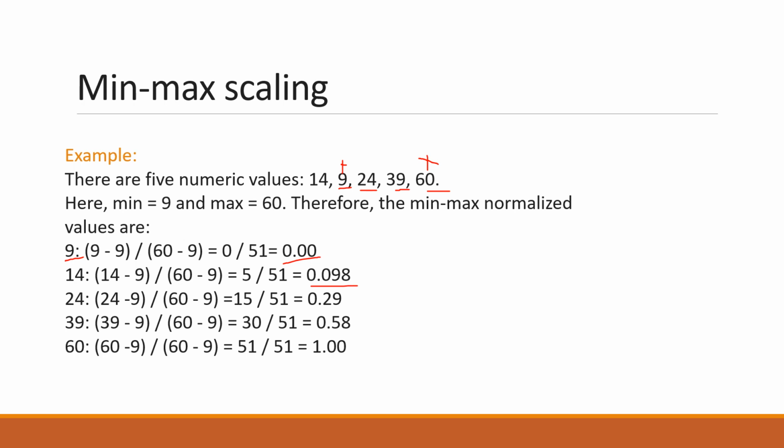And so on: for 24 it will be 0.29, for 39 it will be 0.58, and for 60 it will be 1. So as you can see, min-max normalization scales the value between 0 and 1 based on the minimum and maximum value of the data. This technique can help to improve the performance and the stability of machine learning models by bringing features to a similar scale.